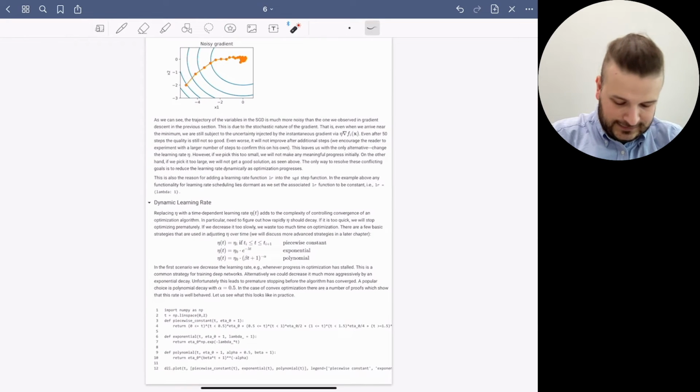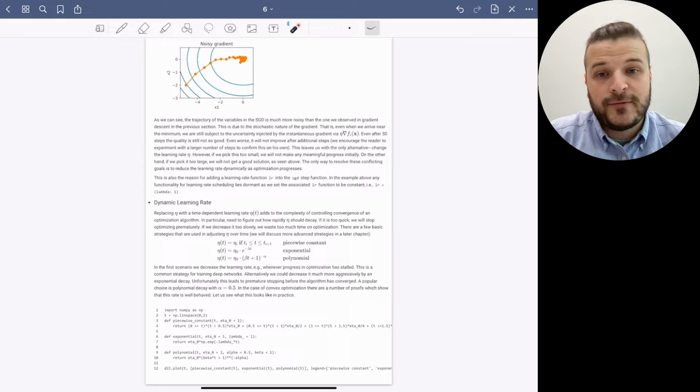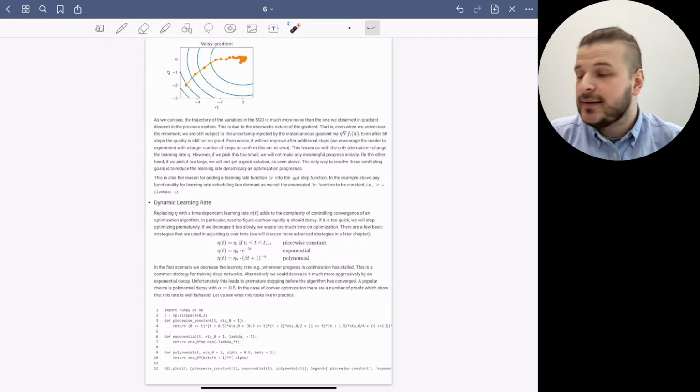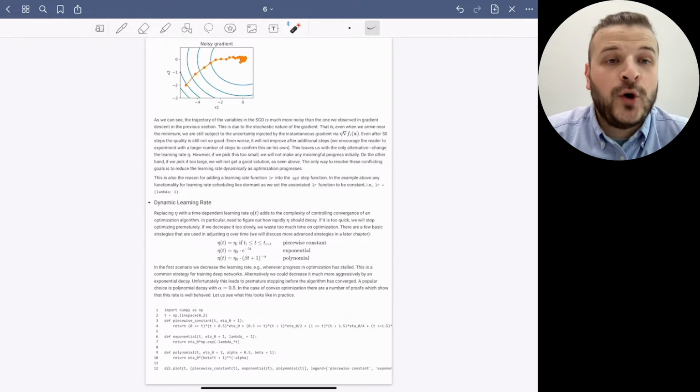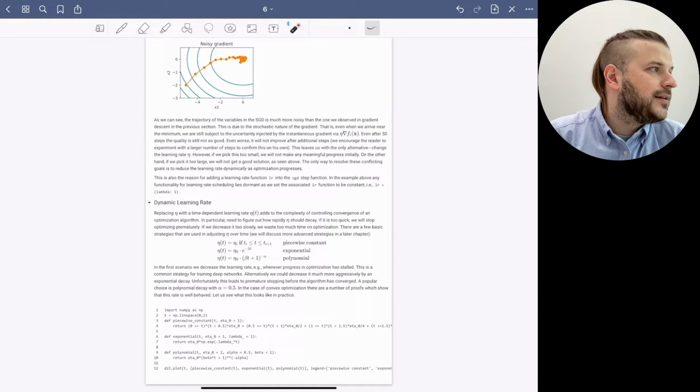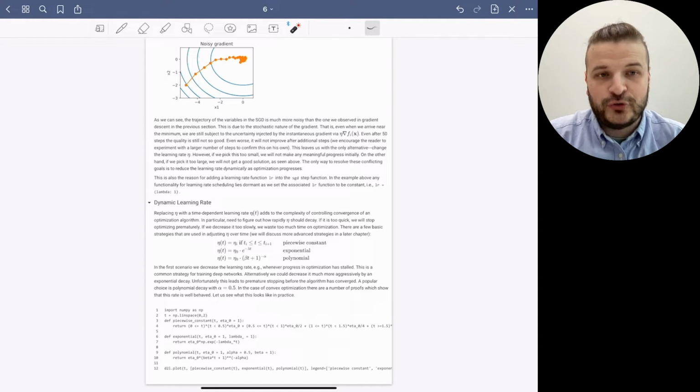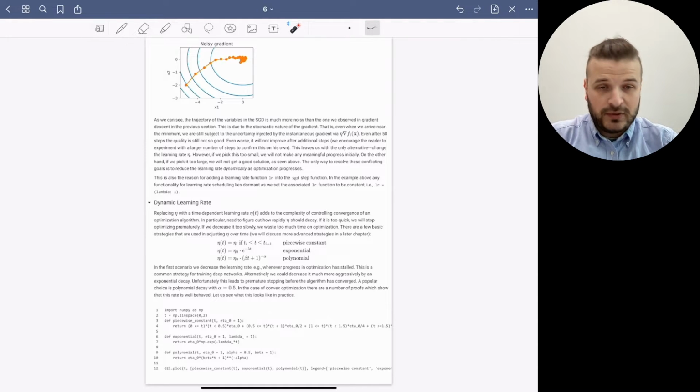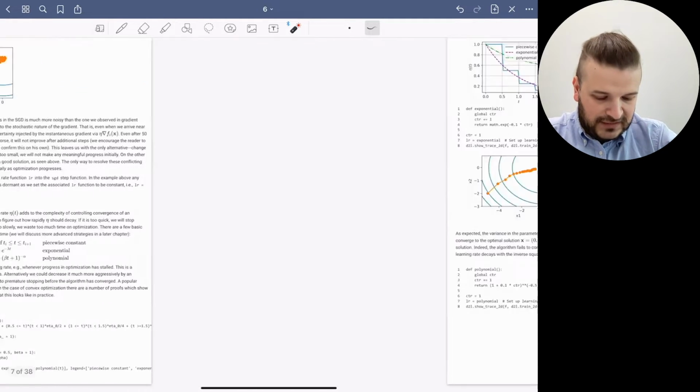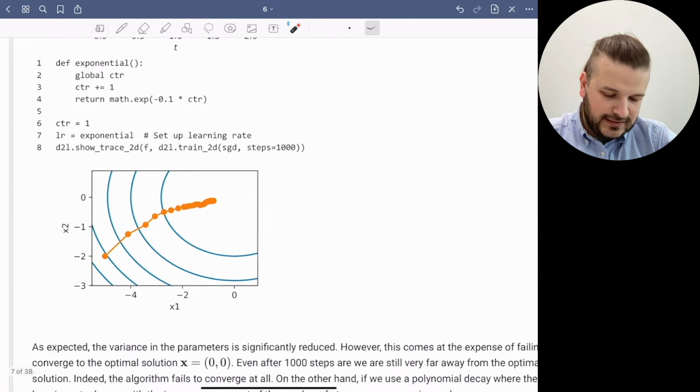And the problem with the learning rate scheduler is that you never know in advance when you should start to decrease the learning rate value. That's a problem, but in fact, that's interesting.